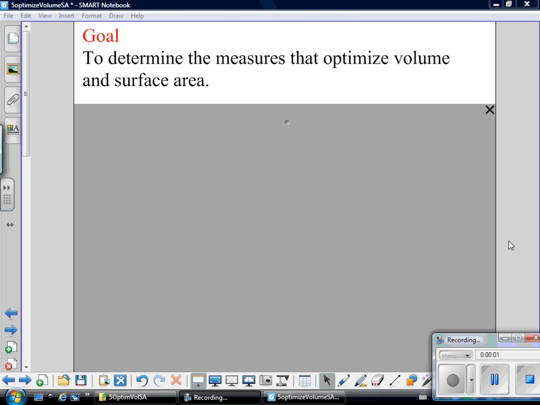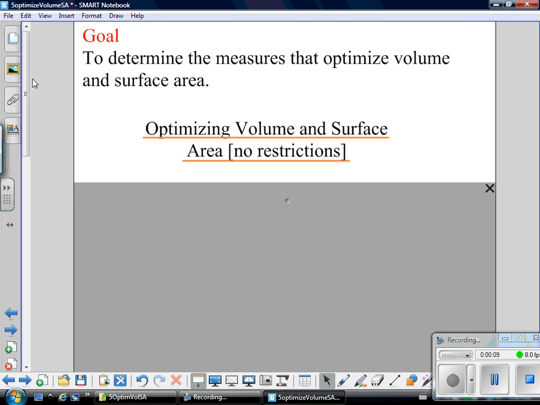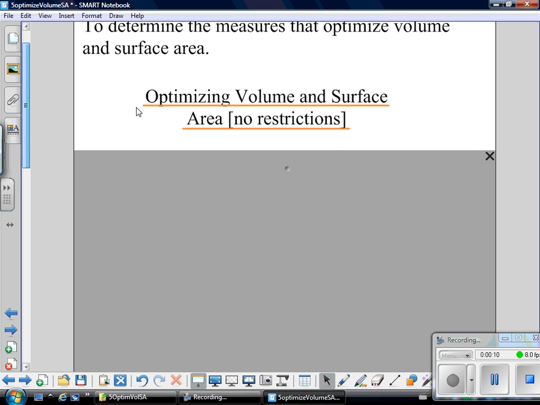Right, so now what we're looking at is optimizing volume and surface area. First of all, today we're looking at no restrictions. When we do have restrictions, we're going to do that together in class.